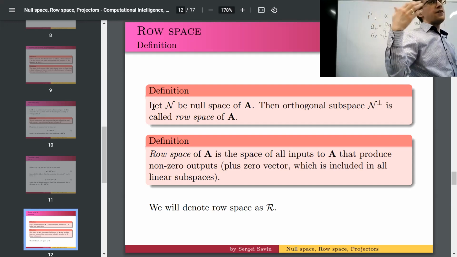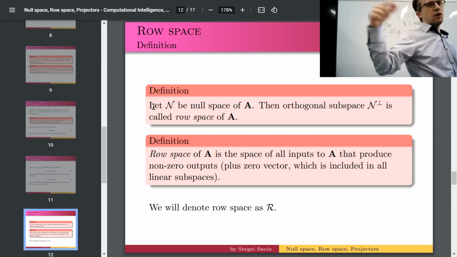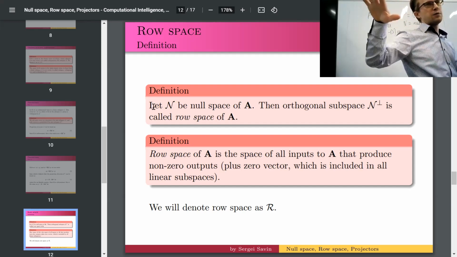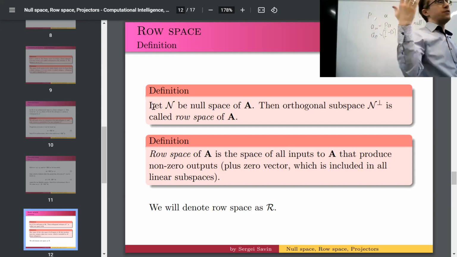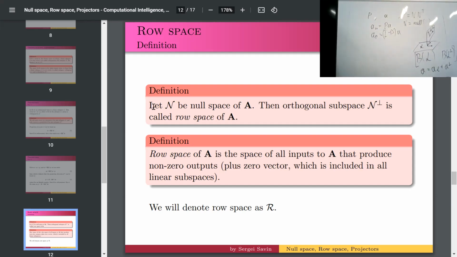Everything else, if you make it orthogonal to your subspace, the closest vector to it in the subspace is going to be 0 by definition. And you can always do it this way. Does it make sense?